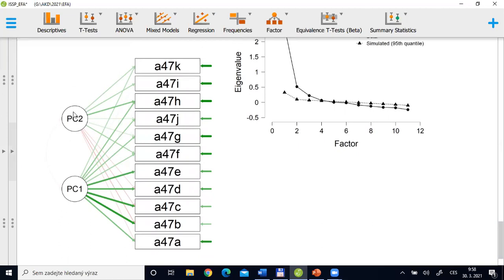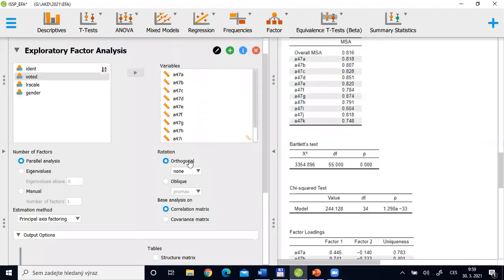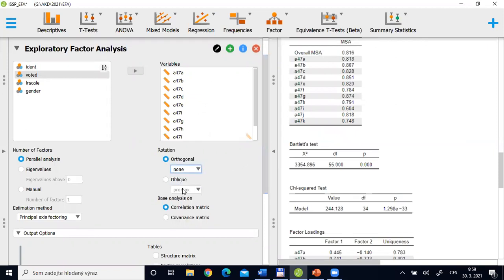And I would like to change it by rotation. First of all, I would rotate, and I would expect that these two dimensions are not related at all. So I expect no relationship, meaning a very, very weak value or no value at all here. So I would take this orthogonal rotation. There are a lot of options usually. In JASP, you can find 1, 2, 3, 4, 5, 6 options.